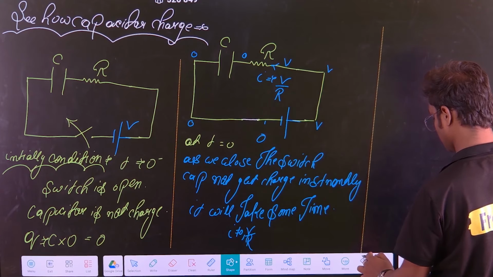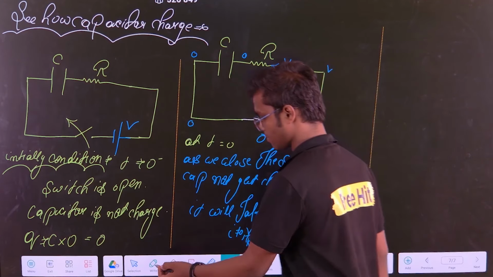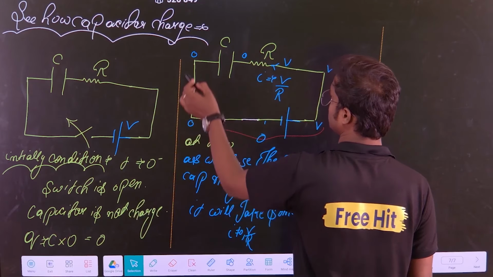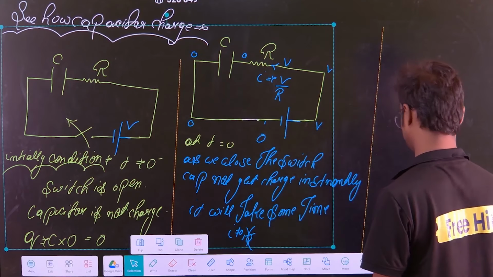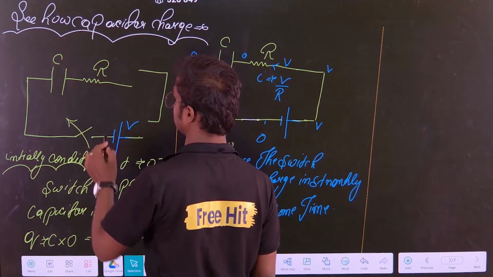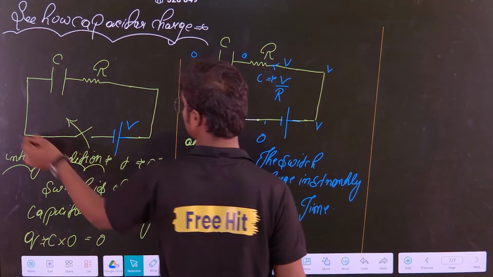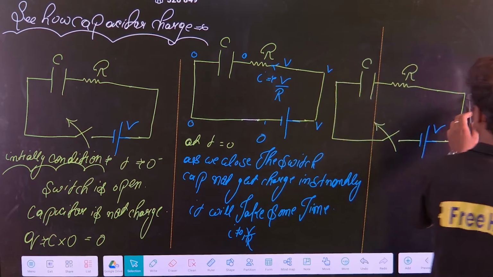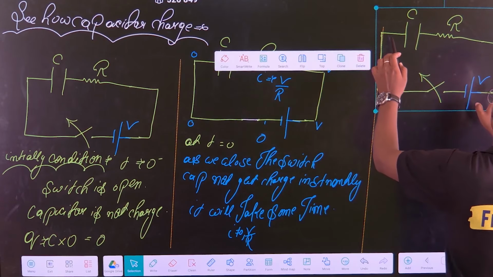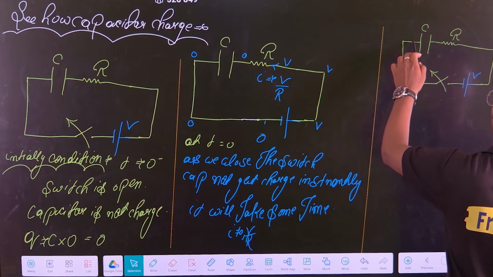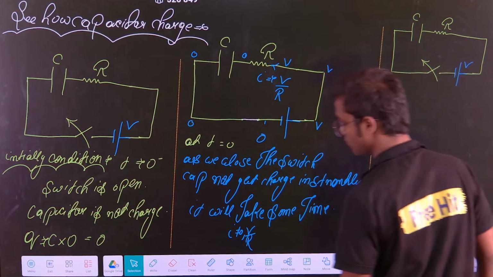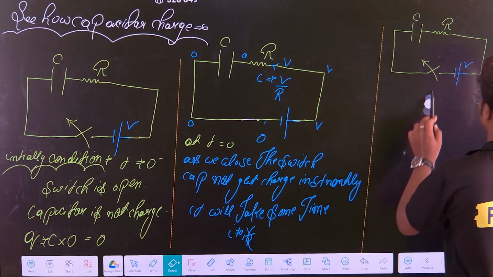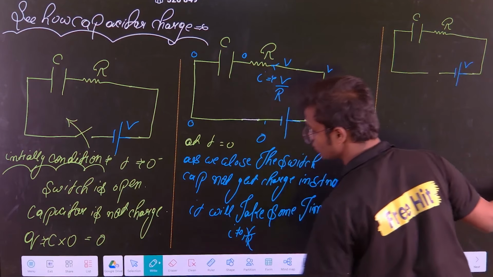Now let us talk about another scenario. Suppose we see what happens after some time t. Let us take a scenario where the switch is closed at t equal to 0.